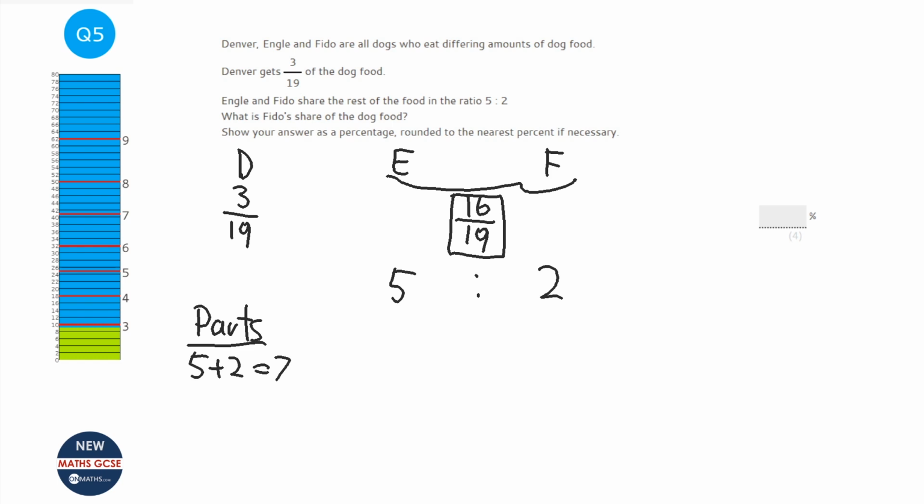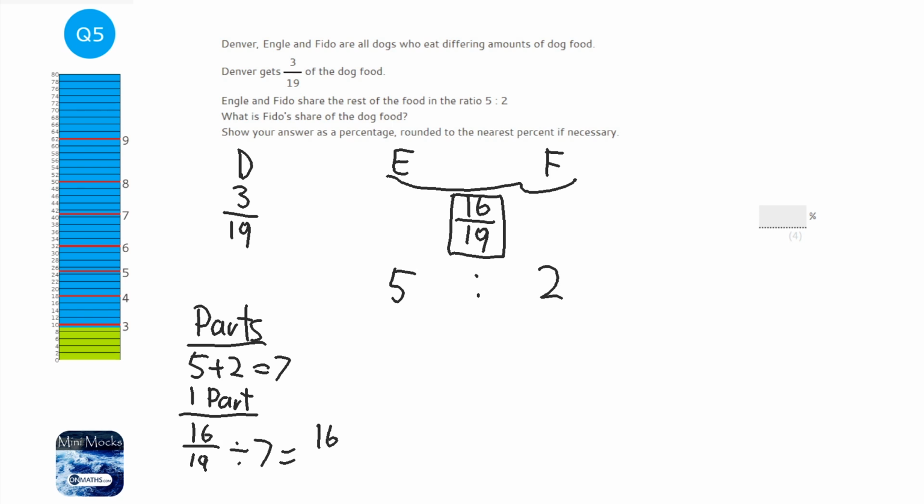So there's 7 parts altogether. Okay, and each part, so one part, is going to be worth, well, as a fraction, it's 16/19 divided by 7. So 16/19 on the calculator divided by 7, which gives us 16/133. So that's the fraction of each part.